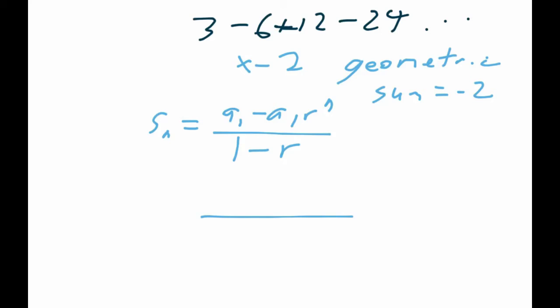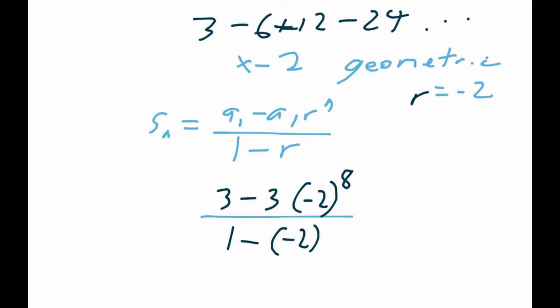In this, the first number is 3. r we already said was negative 2. I don't know why I put this as sum; this should have been r equals negative 2. And we want the 8th term. So on the bottom I have 1 minus negative 2, which equals 3.